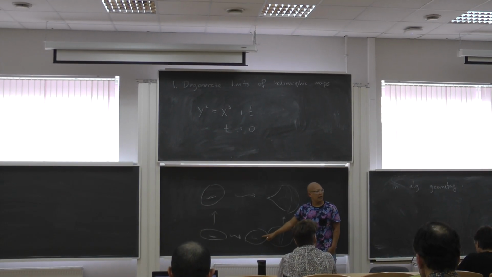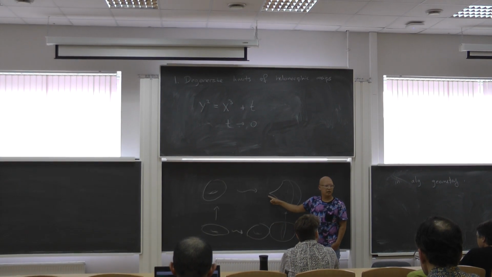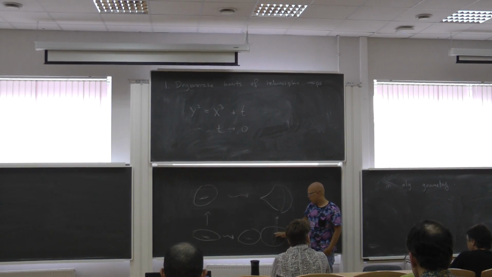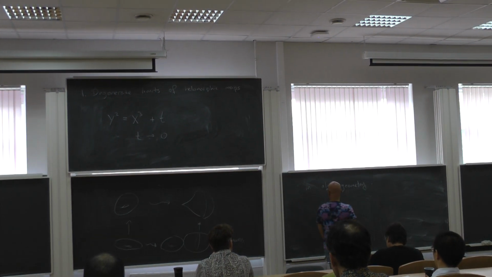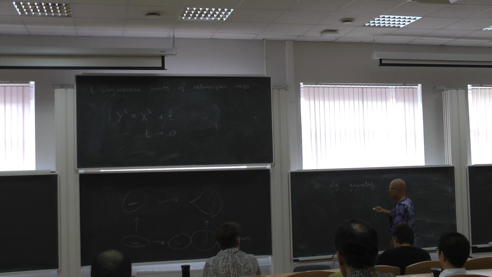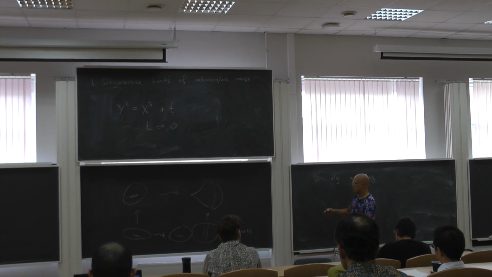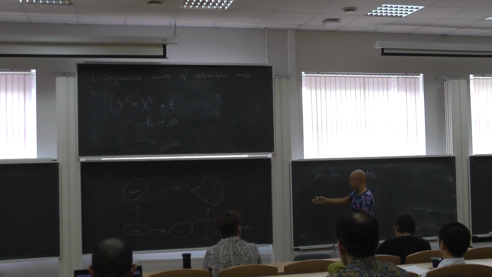One is that a higher genus curve is being mapped to a point, and the other is that the image of the remaining component is singular. Okay, in algebraic geometry, it's easy to see that these two phenomena somehow always coincide.